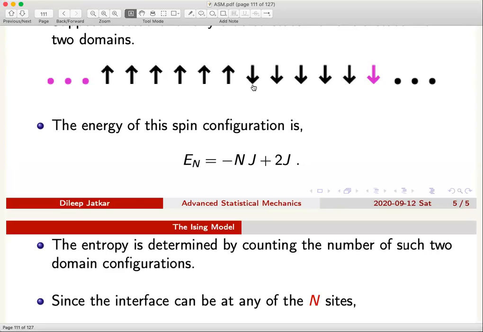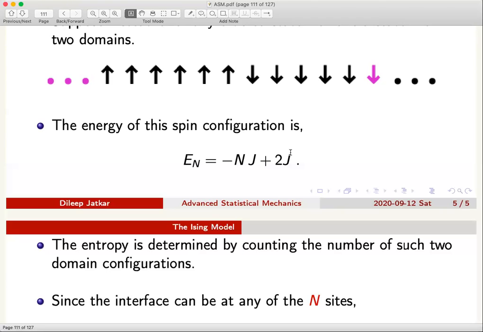It just said that there are two domains, each contributing the same energy, same sign and same amount. Except this pair, which could have been here, or here, or here, or far out to the left or right. No matter where it is, the difference from the ground state would still be 2J.